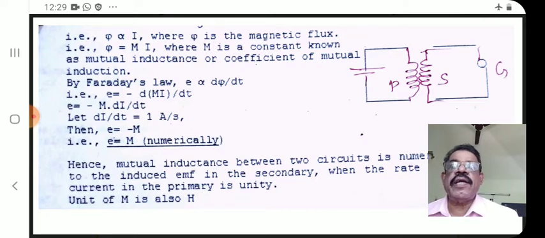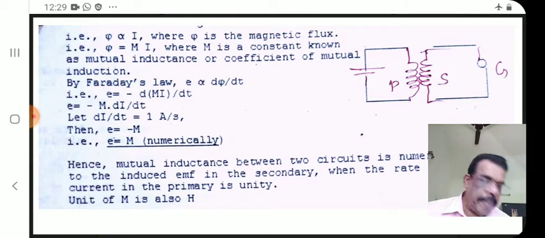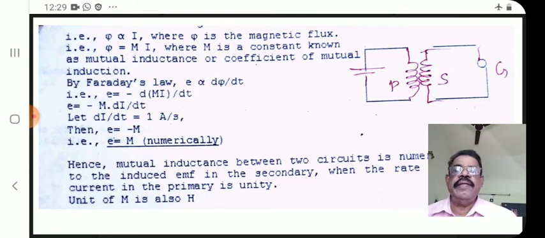Then if you send a current through the primary coil, a magnetic flux is created, and that is linked with the secondary coil, and hence an EMF is induced in the secondary coil. The galvanometer indicates a current, and that phenomenon is called mutual induction.